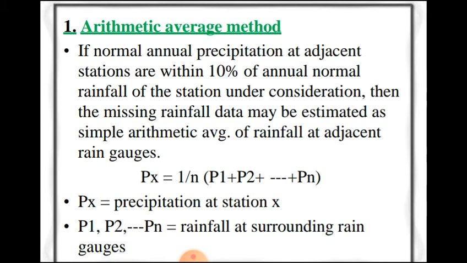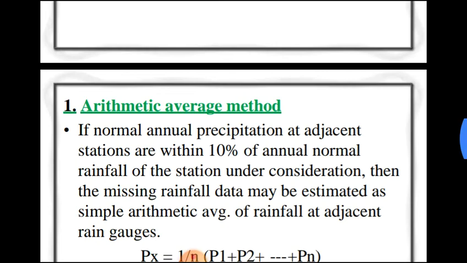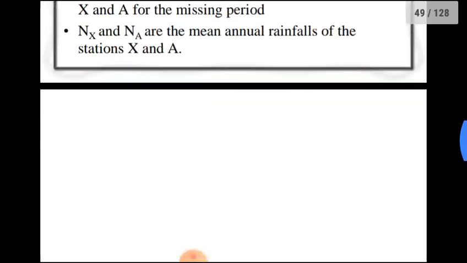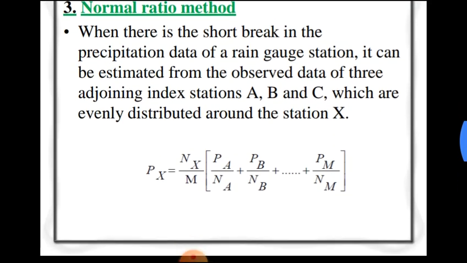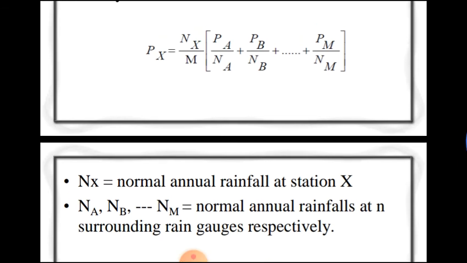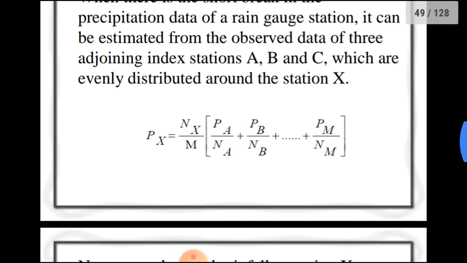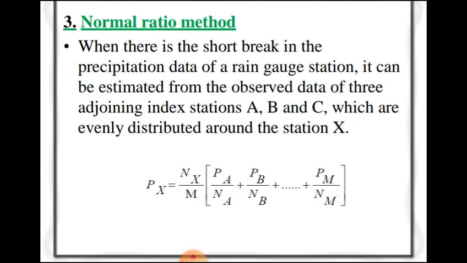The next important thing to look for is whether the data is consistent or inconsistent. For this purpose we use what is known as the double mass curve. The assumption is that consistent data follows the same trend over a number of years compared to other stations.